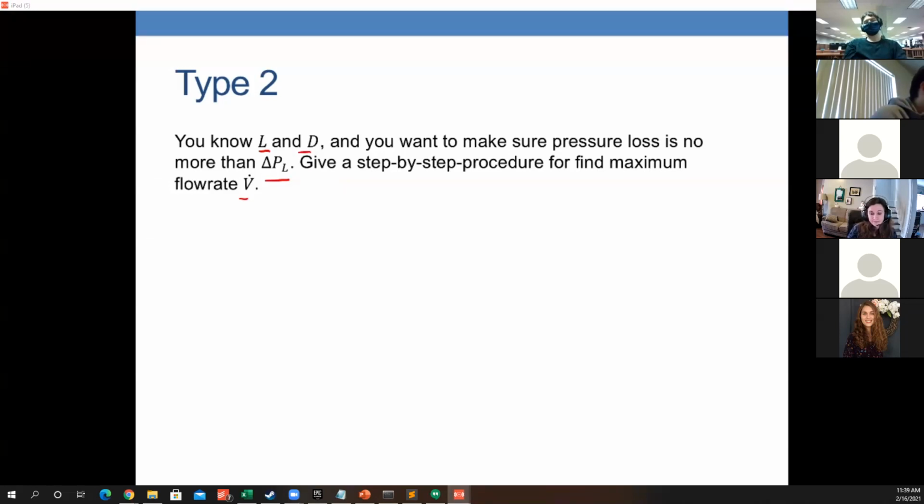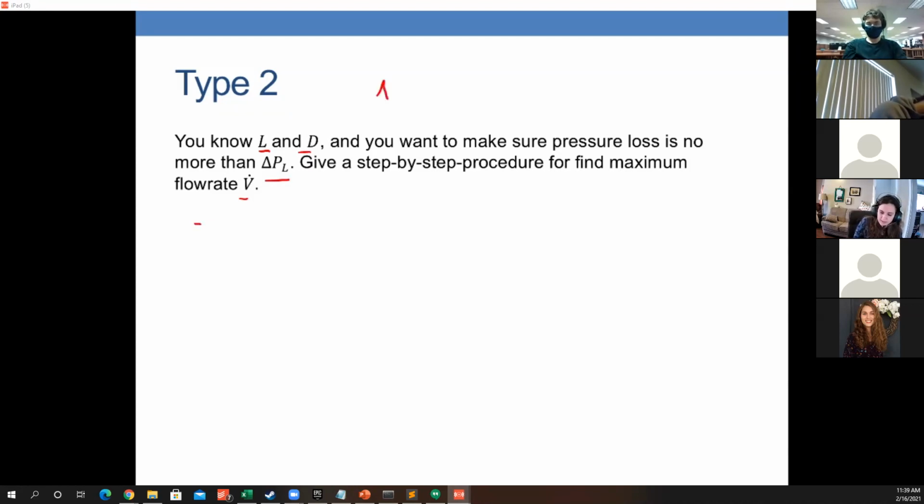Yep, we have pressure loss. Well, I mean, you can solve the pressure loss equation to get velocity by itself, and then from velocity we can get the volumetric flow rate. Well, let's see about that.